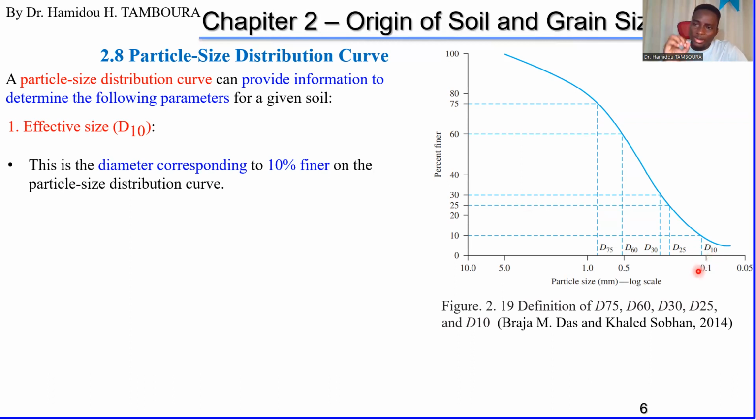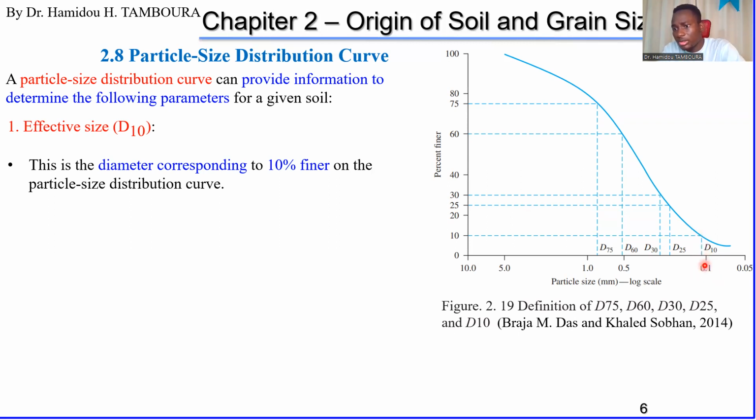So 10% of the mass of our soil sample has diameter smaller than this diameter.